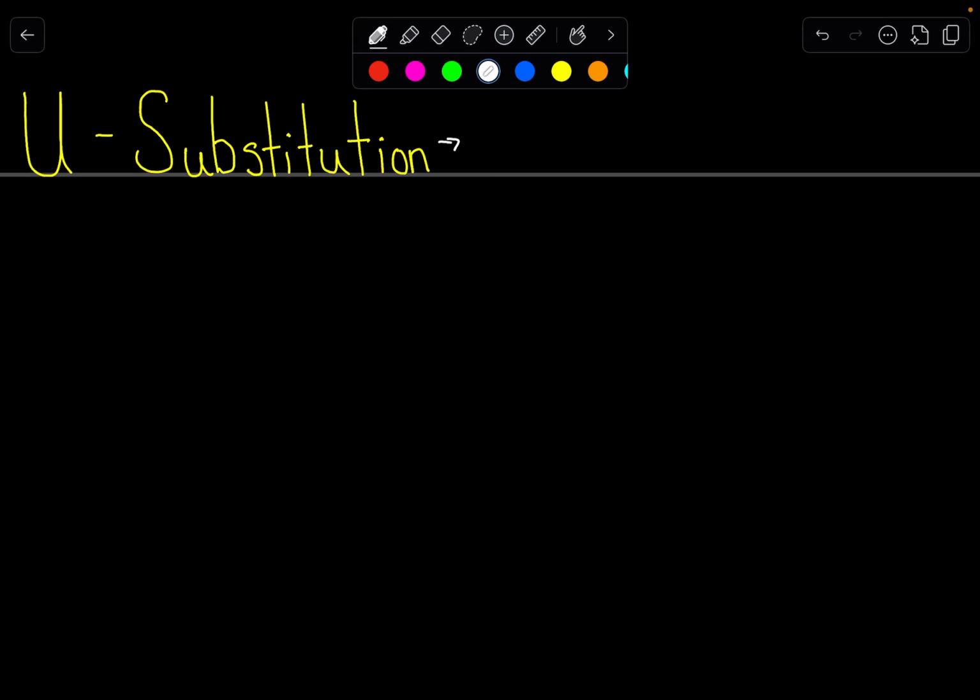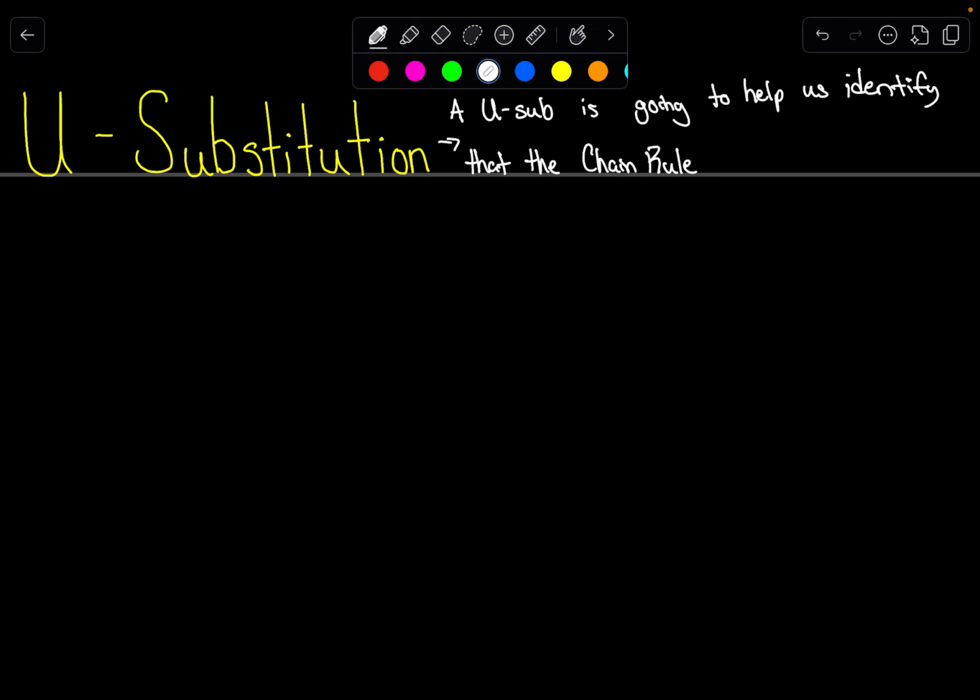U-substitution, which we abbreviate as a U-sub, is going to help us identify that the chain rule has taken place, and it's going to inform us how we go about handling that particular antiderivative.